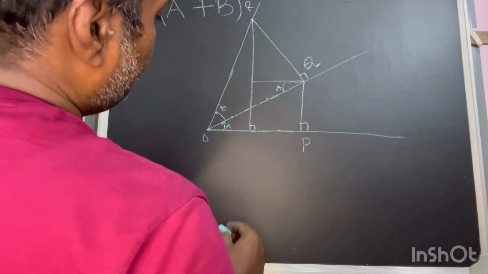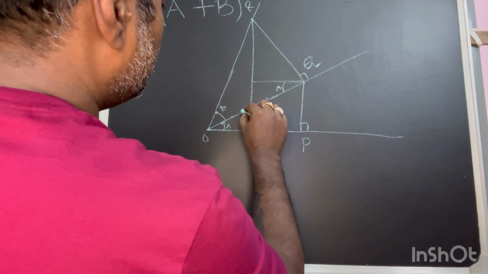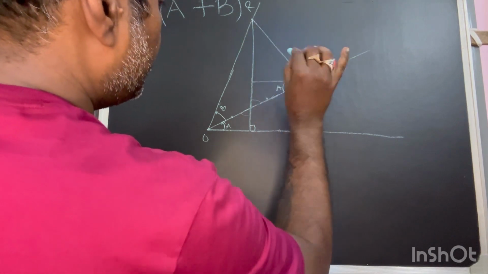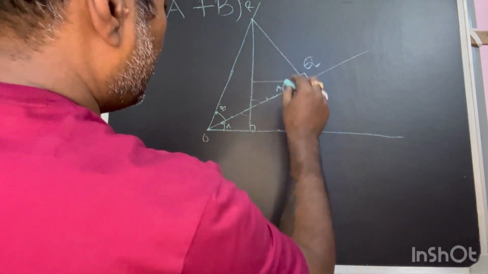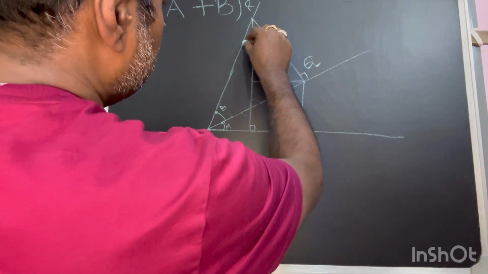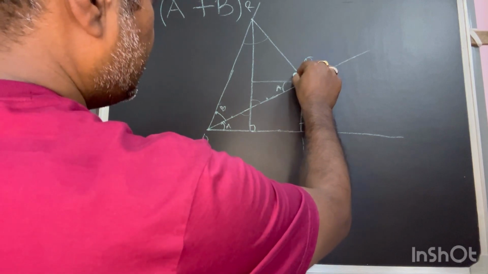So this is 90 minus A, this is 90 minus A, this is A. First thing is over. Now this is B. So what is this complete angle? This is B, because this is 90 degrees.